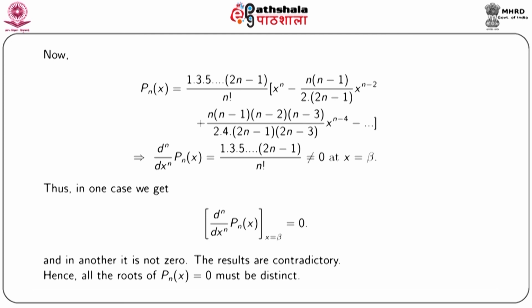Now, in one case you have seen that this expression is equal to 0 at the point x equal to beta, and in the other case you see that this expression is not equal to 0 at x equal to beta. These results are contradictory, and this is because we assumed that the roots are not distinct. Hence, we conclude that all the roots of Pn(x) must be distinct.